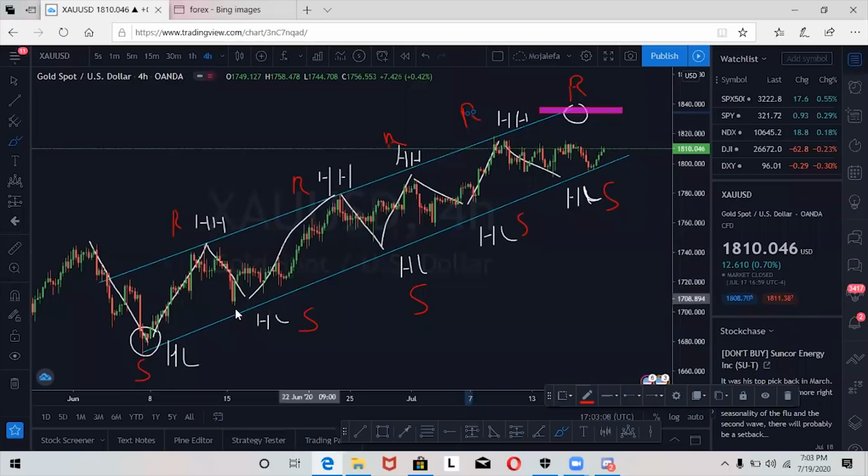They can be tilted, but what you need to know is that when we identify them, they are more like horizontal. That's why I love spotting them out horizontally and using the horizontal support and resistance strategy.